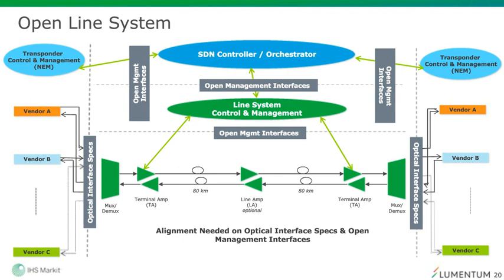The northbound management interface could interact directly with the SDN controller or through a multi-protocol mediation layer in between. The transponder solutions that feed into this line system could be bookended solutions and multiple vendors, say, occupying different wavelength slots, kind of a subset of what Joe spoke in his previous slides.